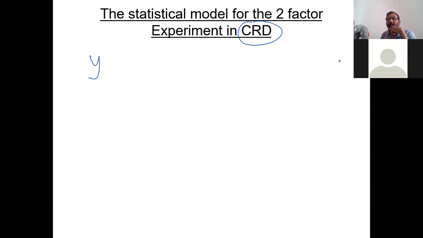You'll have to tell now. Vijushan, what is the CRD model?